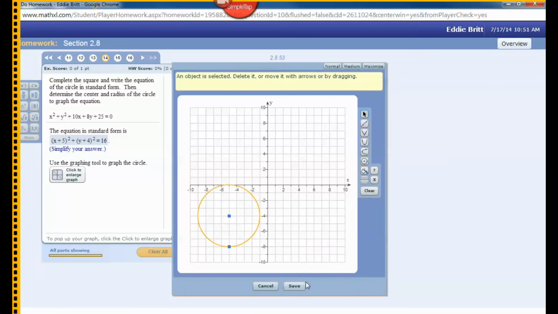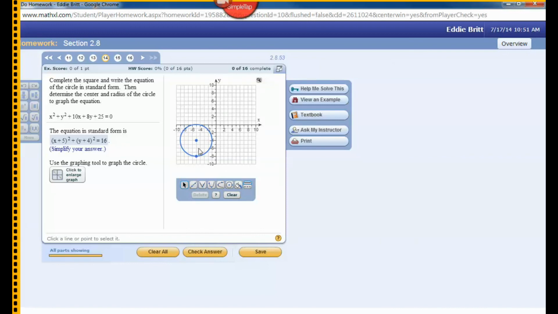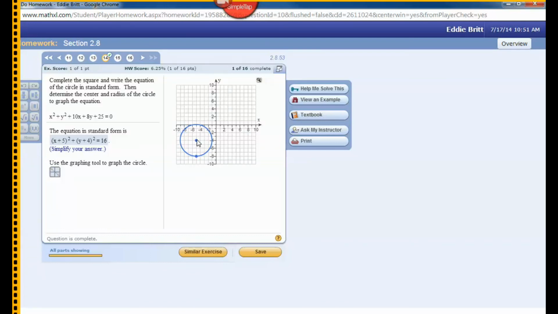That's the circle. So save. That's what it would look like. Check the answer. Alright, so choose the circle tool, put a point, drag it however many you need to get the radius. And you got your circle.